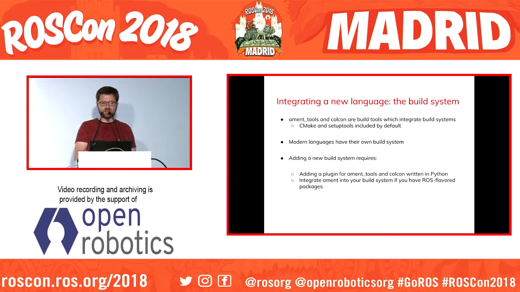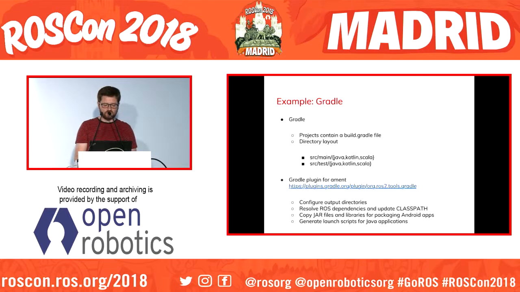Java has Gradle and Maven, Ruby has Rake, Rust has Cargo, and so on. So adding a new build system is fairly easy, but things get a bit more complicated when those packages use ROS somehow, like if they use the ROS dependency graph or they have a package.xml file. In that case, you've got to put logic into the build system.